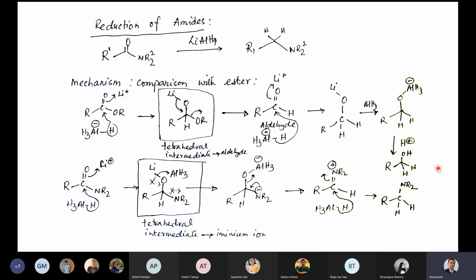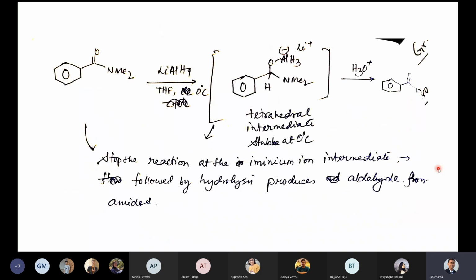Okay, so this is a small example. This is basically an amide. You take lithium aluminum hydride, so this hydride reacts here. Then, after hydrolysis, this is a little bit different in terms of mechanism. When this intermediate is hydrolyzed, it comes to your question.